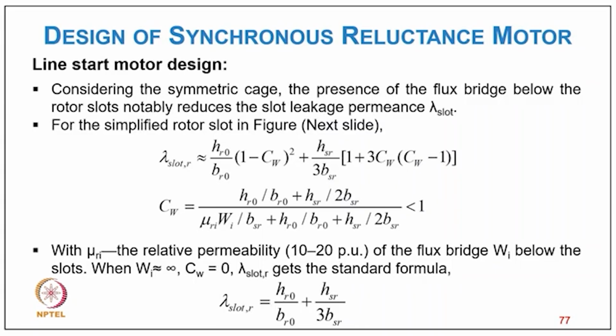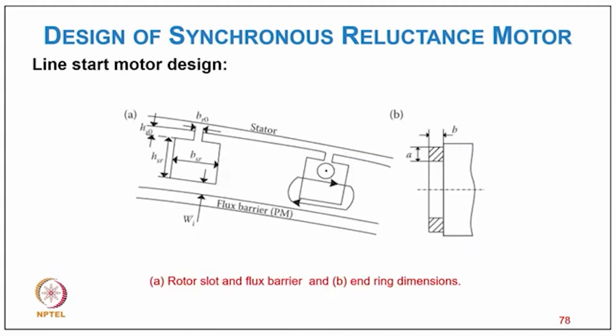Where WI equal to infinity and CW equal to 0, lambda slot gets the standard formula lambda slot R equal to HSR upon BR0 plus HSR upon 3 BSR. And typically you can see the dimensions here: rotor slot, flux barrier and ending dimensions.